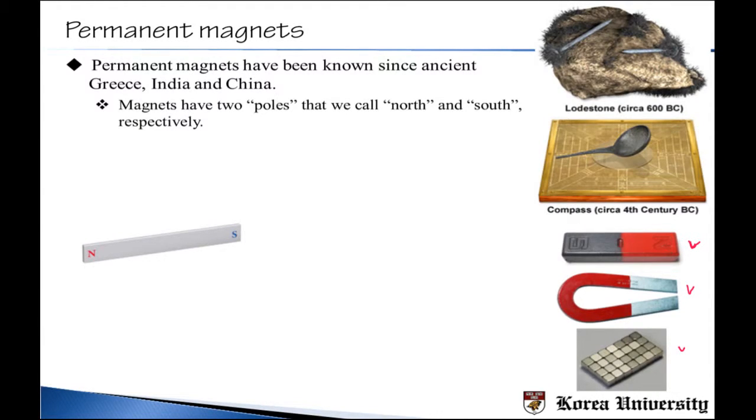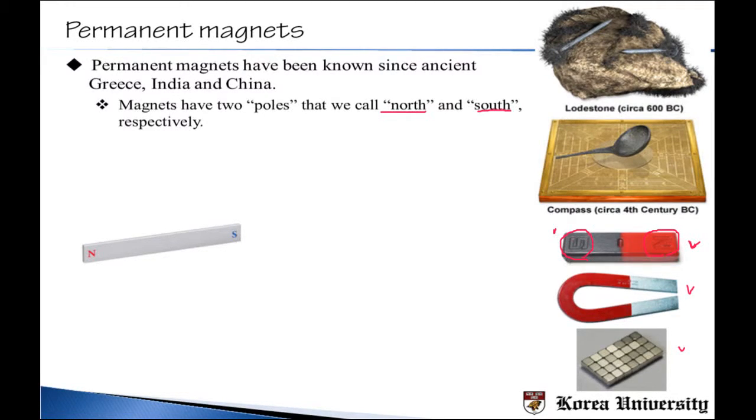Okay, and let's review the basic facts about magnets that you probably already know. Everybody already knows, I assume, that magnets have two poles, and that we call them North Pole and South Pole. Okay, so take a look at the figure here. On the bar magnet, the letters are written with N meaning North Pole and S meaning South Pole.